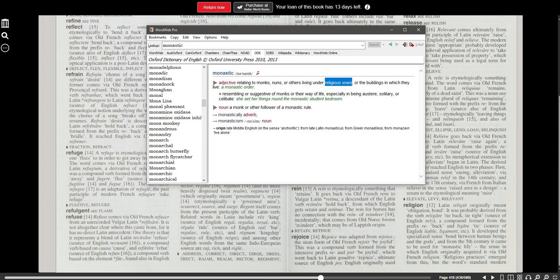Because that's what religion is. The word religion means vows. But be careful. This is not just talking about monks and nuns. This is talking about anybody living under a certain commitment, a certain discipline. Religion means a discipline.